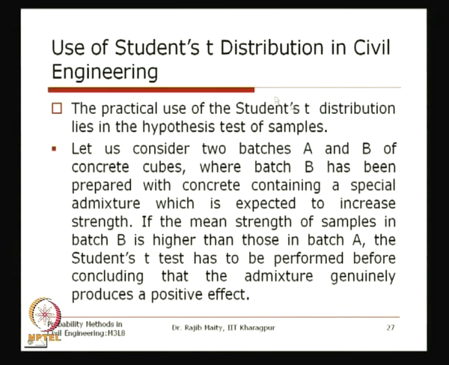So the use of the student t distribution: again I am discussing it with respect to civil engineering, but the applications of all these 3 distributions, student t, chi-square and F distribution, are more general in nature. The practical use of the student t distribution lies in hypothesis testing of samples, particularly the sample's mean.